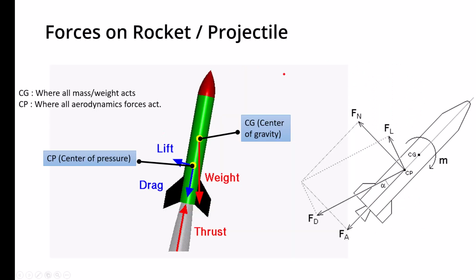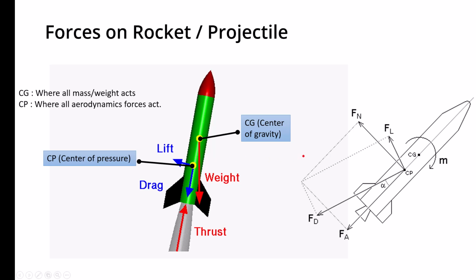Okay, now we have some discussion about the forces on the rocket. So there are two things here that are very important: center of gravity, because the missile will be going through different phases, and the center of pressure. Center of pressure will always be behind the center of gravity for stability reasons. Now there are two forces that you know very well. The lift is always normal to the direction of the wind, and the drag is in the same direction as the wind but in the opposite direction.